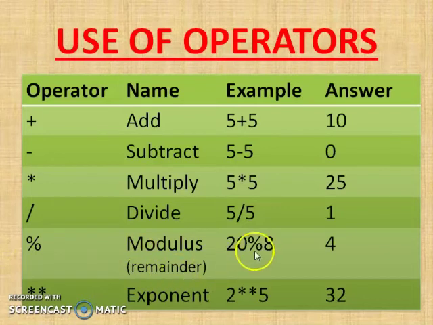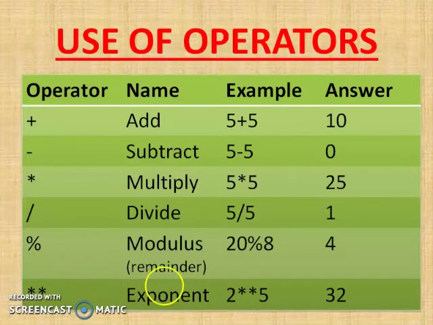See the example, 20 divided by 8. Here this modulus sign returns the remainder. As you know, when we divide 20 by 8 it will give the remainder 4. The last one is the double asterisk, that is called the exponent sign, and this exponent sign we use for the power.